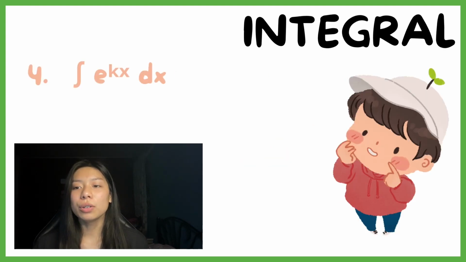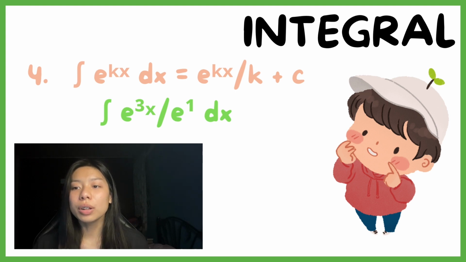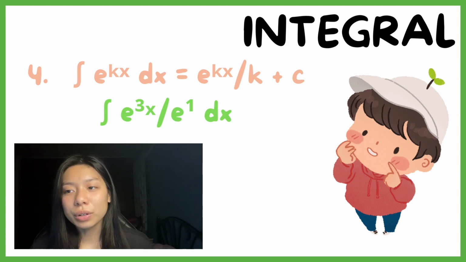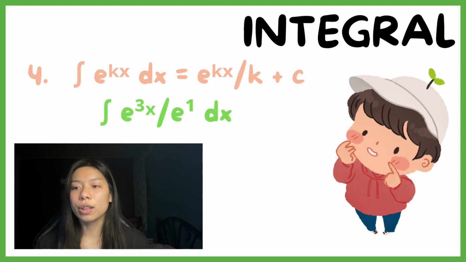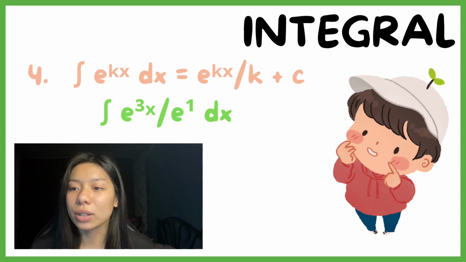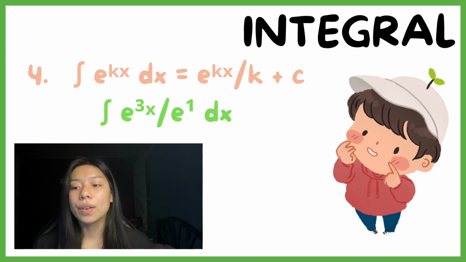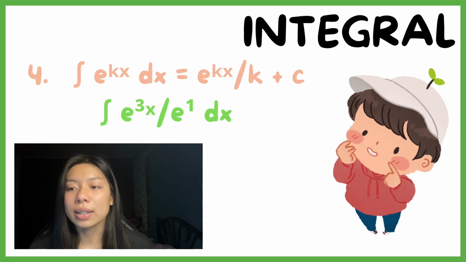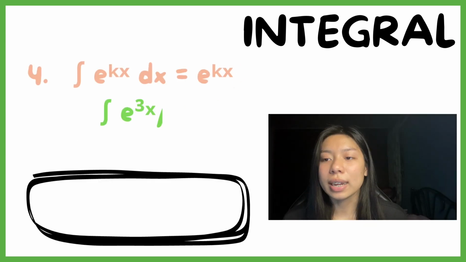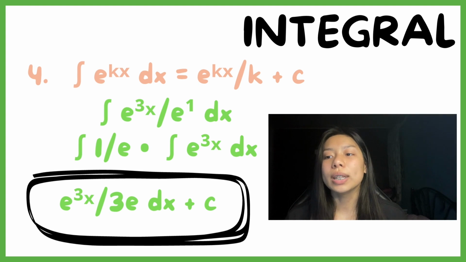And on to our fourth and last rule of integral, the integral of e raised to kx dx is equal to e raised to kx over k plus c. For example, integral of e raised to 3x over e raised to 1 dx, we will separate the values since it would be easier to solve the problem.